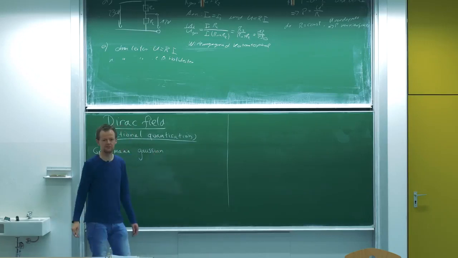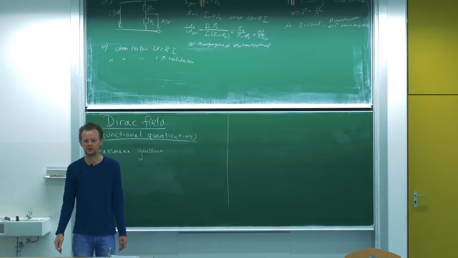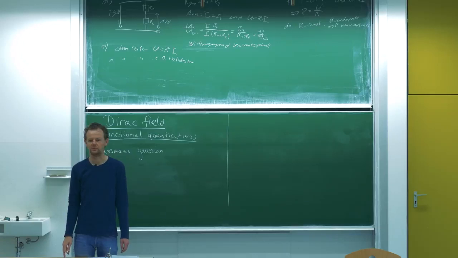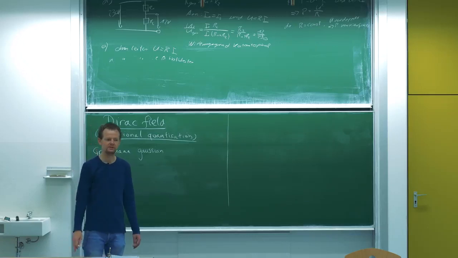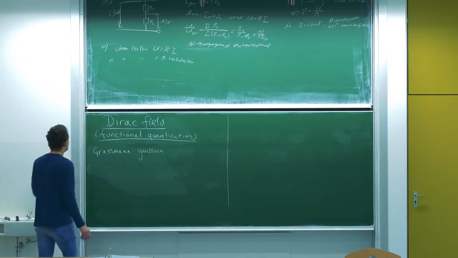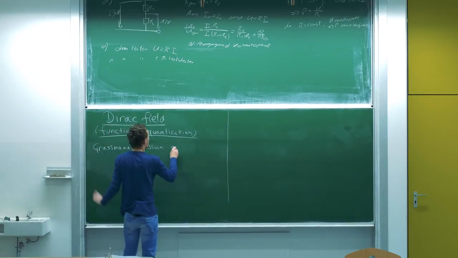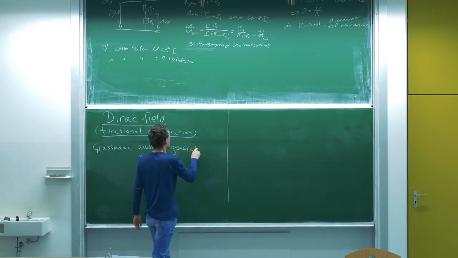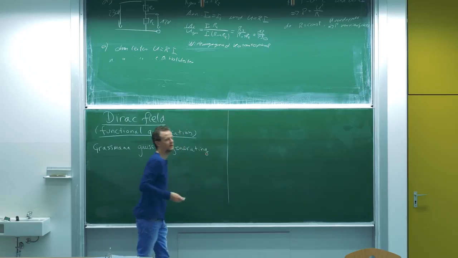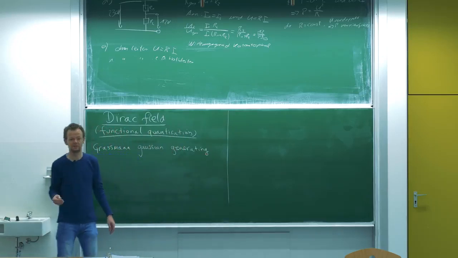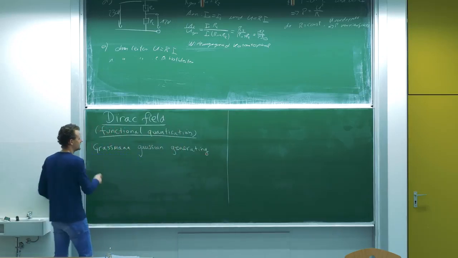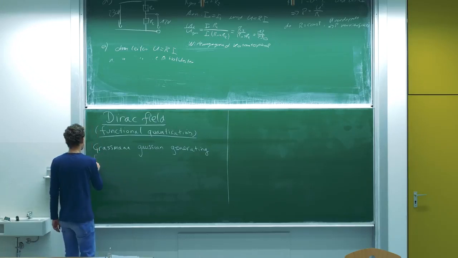And so far, this is just some mathematical curiosity that we've been playing with. Today, we're going to put it to some use to build a path integral-like object that provides us all the endpoint correlation functions for the Dirac field.